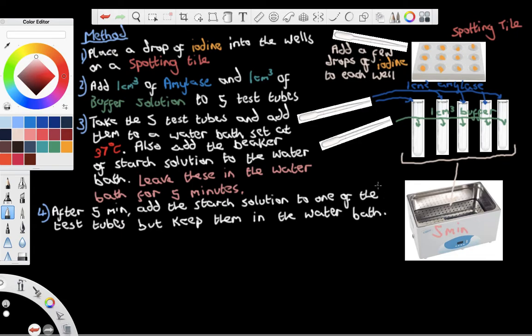Okay, so you're going to keep them in the water bath, but you're going to add the starch to one of the test tubes.